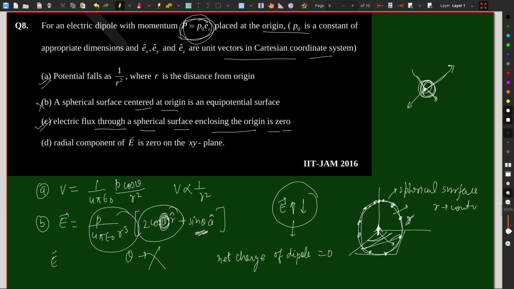The radial electric field is p over 4 pi epsilon naught r cube multiplied by 2 cos theta, and theta is 90 degrees in the xy plane. Putting this value here, cos 90 is 0, so E_r will become 0.